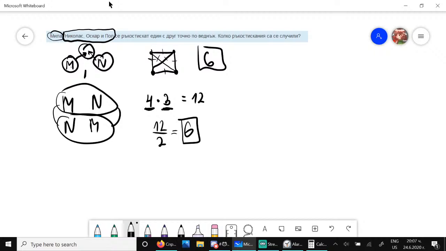For such problems, with x number of people, we will have an x-sided figure. Let's say x is 6, so I can make it like this.